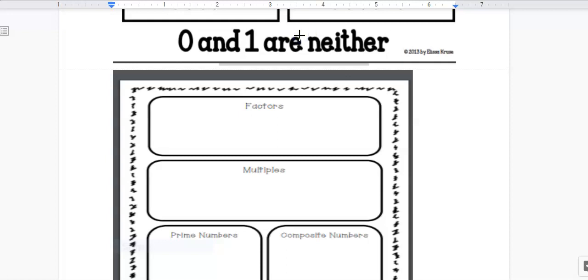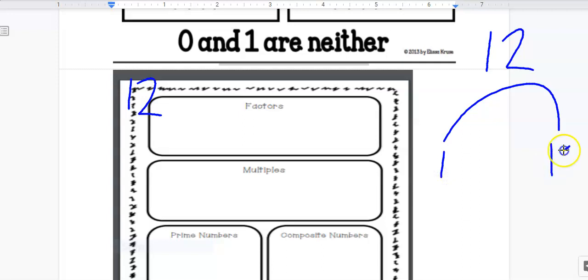So if we were going to use the number, let's say, the number 12. We'll put 12 here. Now we're going to find the factors of 12. And we can do that by thinking of what goes into 12. You guys could do one of those rainbows, right? If we did a rainbow, 1 and 12, right? The next one would be 2 and 6.